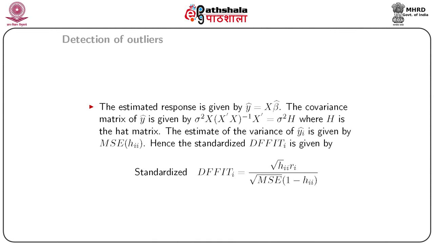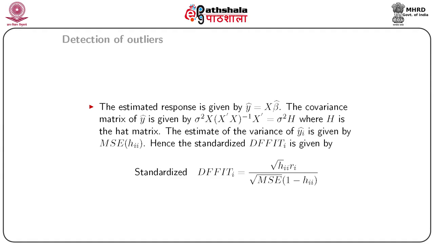Similarly, we can also find standardized DFFITS. The estimated response is given by y hat equals X times beta hat, and the covariance matrix of y hat is given by sigma squared times X (X prime X) inverse X prime. We can write X (X prime X) inverse X prime as H, where H is the hat matrix.